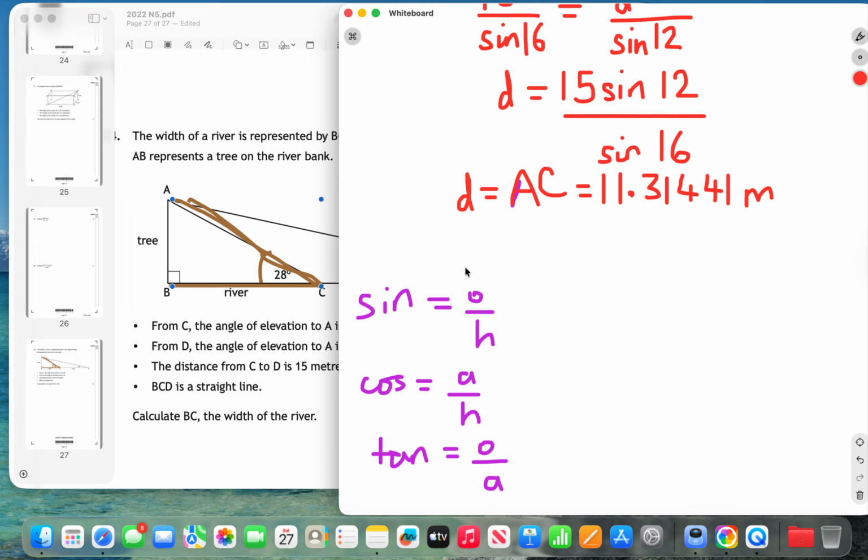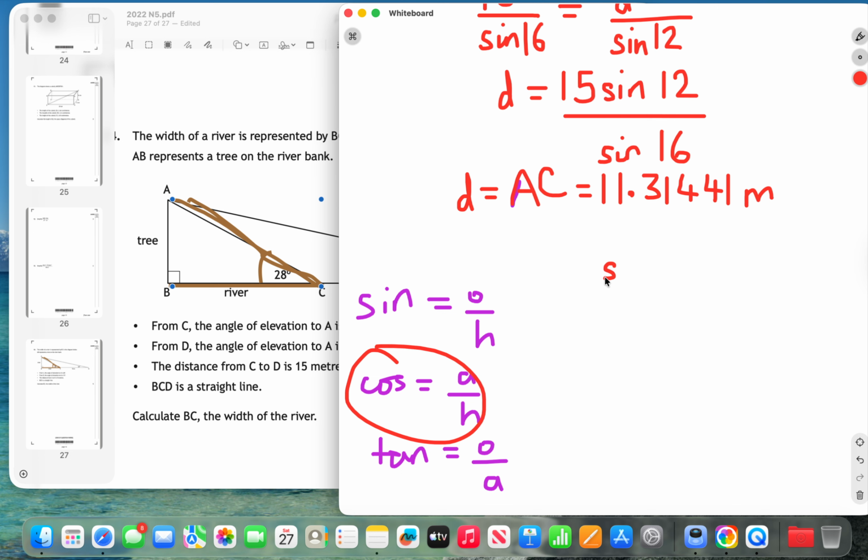So we'll go back to using AC. Now BC is adjacent to the angle, and AC is the hypotenuse. It's opposite the right angle. So for right-angled trigonometry, we're going to retire the use of that lettering convention, and we've got the adjacent, we've got the hypotenuse.